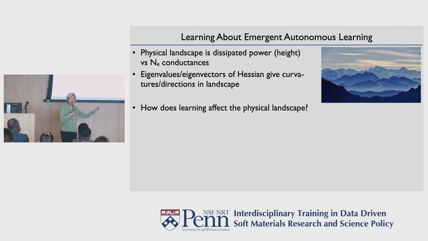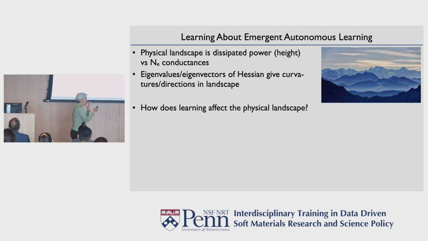Each one is a different orthogonal direction. I have this very high dimensional space in which I can think of the learning cost function as the height. At the same time, we have the physical cost function, which is the dissipated power as a function of the voltage on node 1, the voltage on node 2, et cetera. Okay, the physical degrees of freedom.